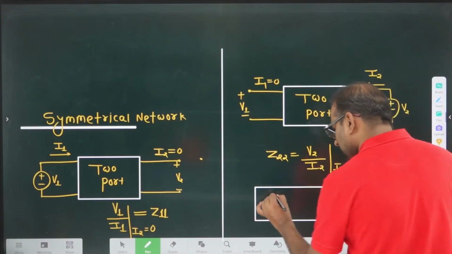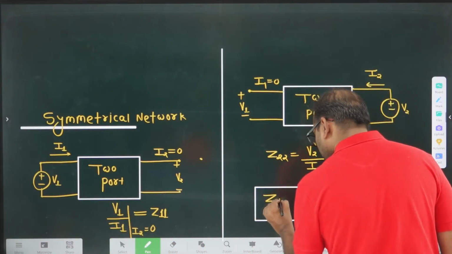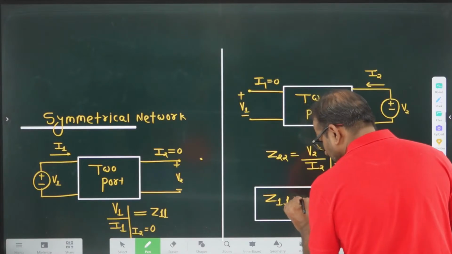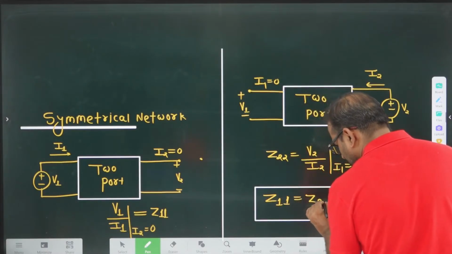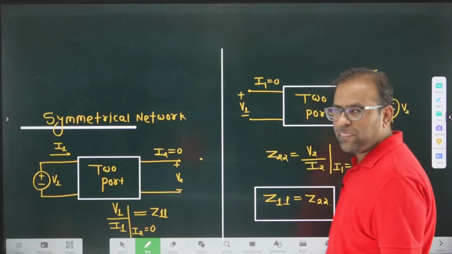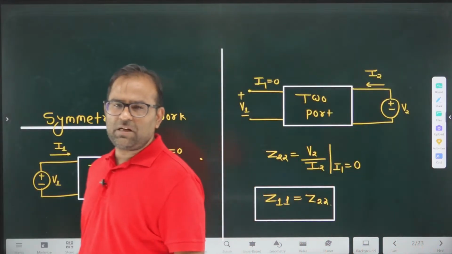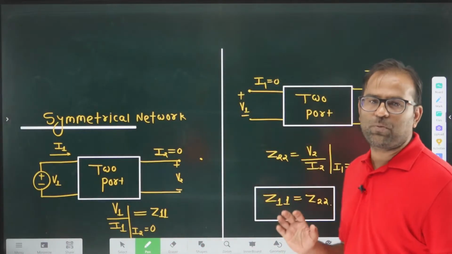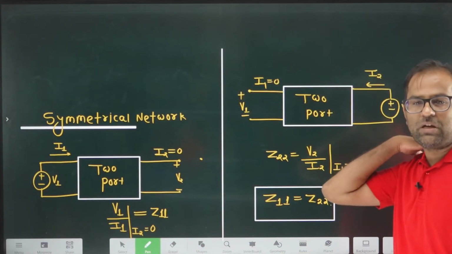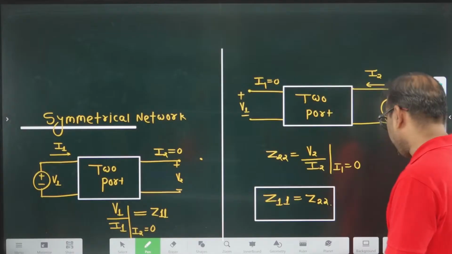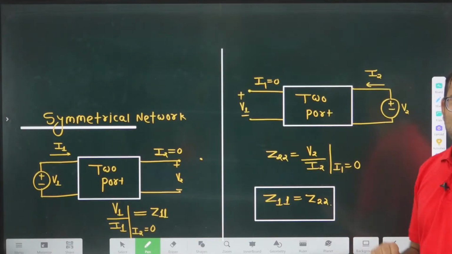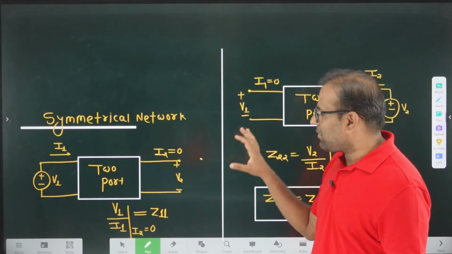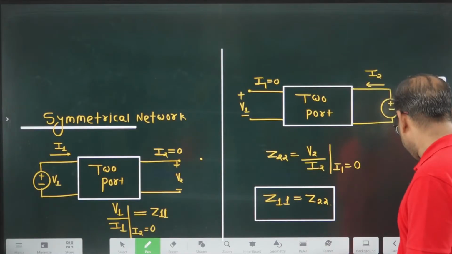If your network follows this condition, Z11 is equal to Z22, then the network is said to be symmetrical. Even if you change the ports, input port to output port and output port to input port, the driving point impedance is the same. If a network satisfies this condition, we can say this network is a symmetrical network.